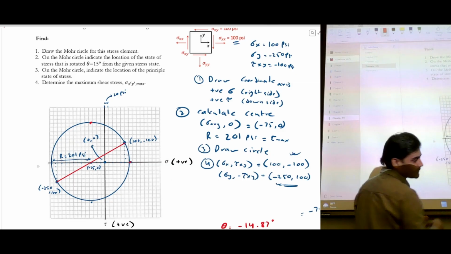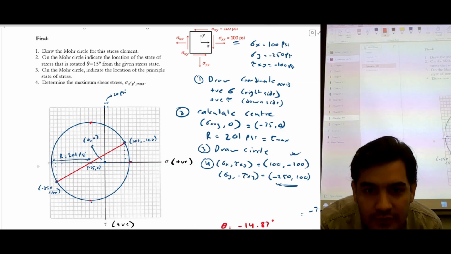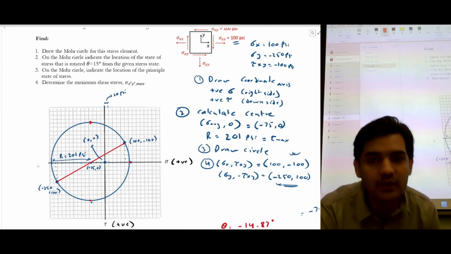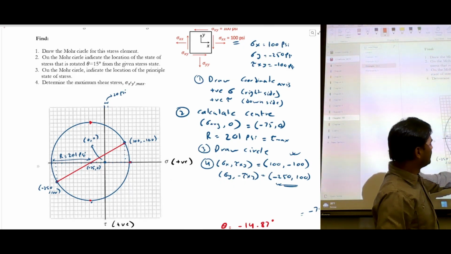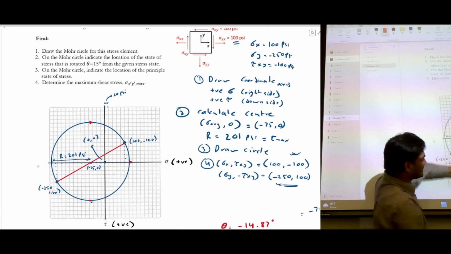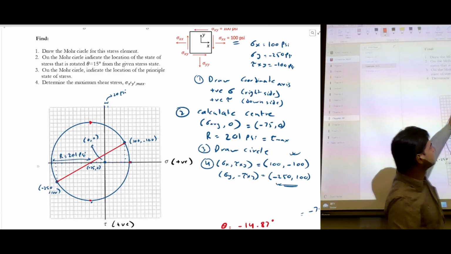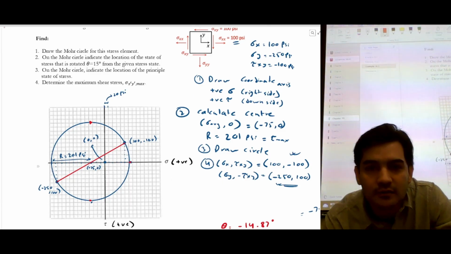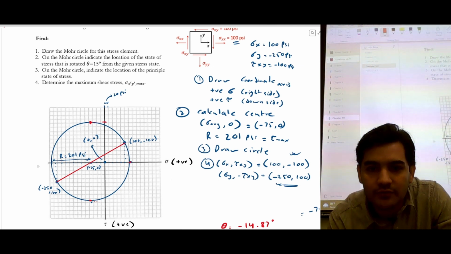So the maximum shear stress is, I guess, the maximum point of positive shear, and that's the maximum point where you'll get the negative shear. Can you guys tell me what this point is? You can all understand, right? This is the maximum value of the shear, and this is also the maximum value of shear.